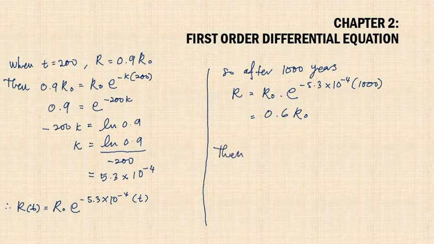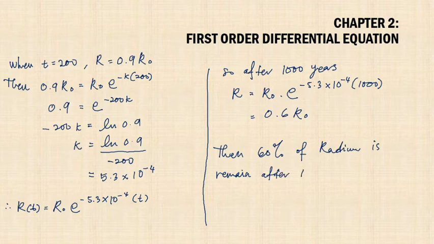That means 60% of the radium remains after 1000 years.